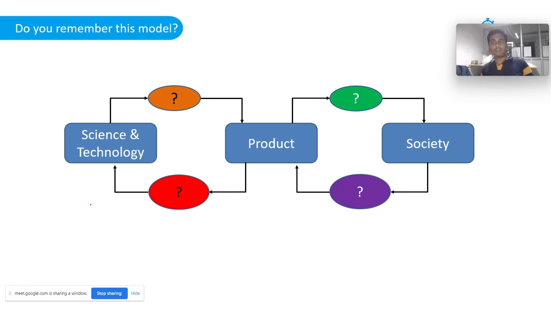So do you remember this particular model? Can you tell me what this orange color ellipse suggests, what should be there?